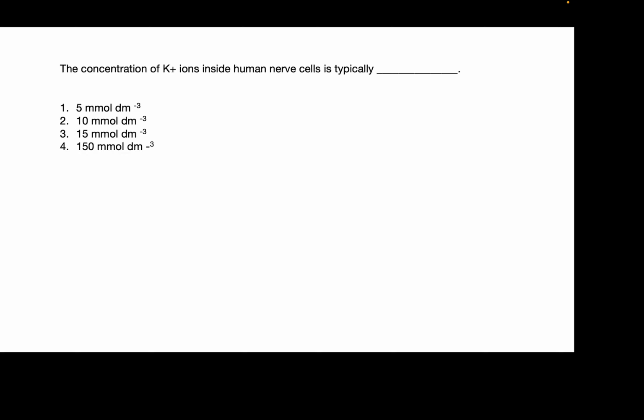So our next question says the concentration of potassium ions inside a human nerve cell is typically, again, this is a theoretical question. I'm going to give you 40 seconds for this, because we have discussed these concentrations just prior to jumping into our questions. If you remember that, please feel free to drop your answer in the chat box, and the time starts now.